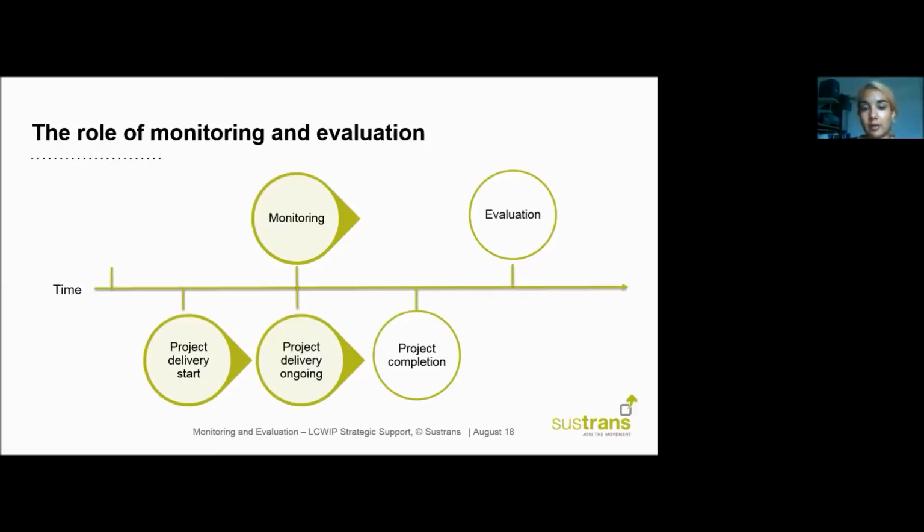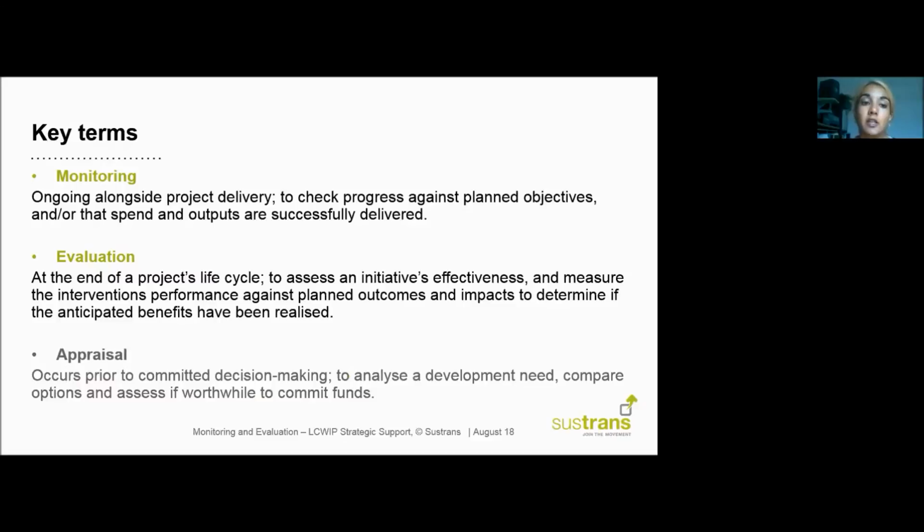So there are two things. One is planning for monitoring to occur throughout project delivery, and the second is ensuring that the monitoring data collection feeds into the evaluation that needs to happen at the end. That's linking to this argument around having an internal logic that I'll make later on with the logic map.